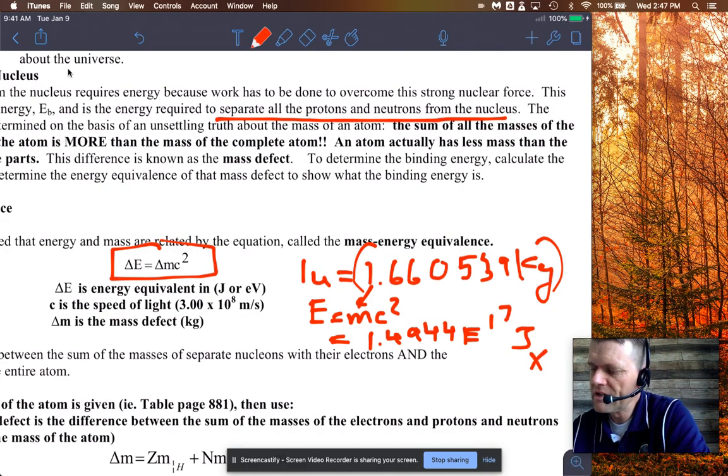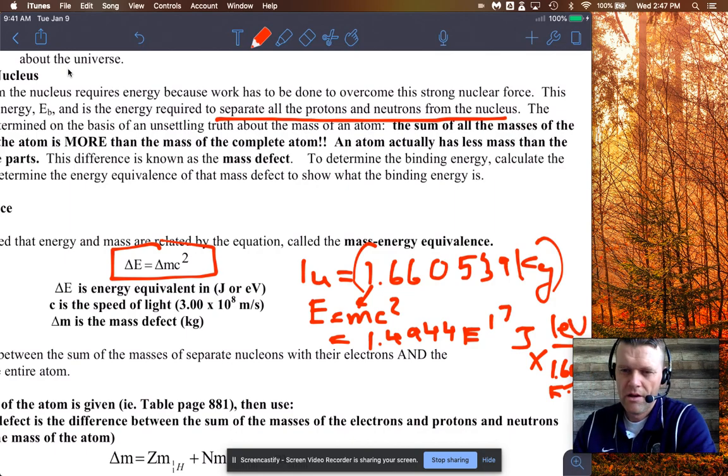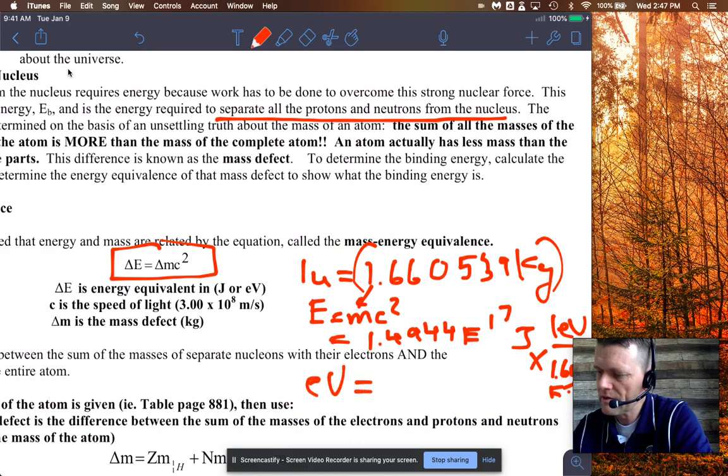So the trick here is to convert this into electron volts. There are 1.6 times ten to the negative 19 joules in one electron volt. We convert it into electron volts, but even in electron volts, it's a really big number. So then we convert electron volts into mega electron volts, or million electron volts.